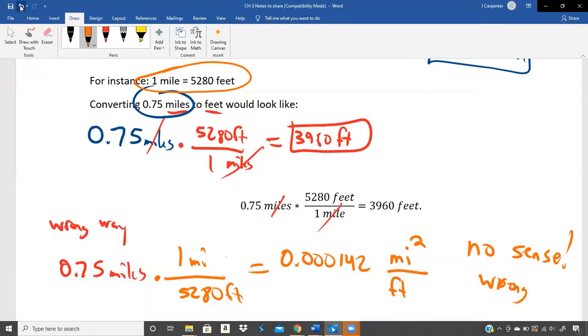Take your time, pay attention, use your units. If you don't write units along the way, you will make mistakes. Guess what? I've tried to do it that way at times. And I'm pretty good. I'll get them right, usually. But I definitely make way more mistakes when I'm rushing and I don't want to write my units and show the canceling and all that stuff.